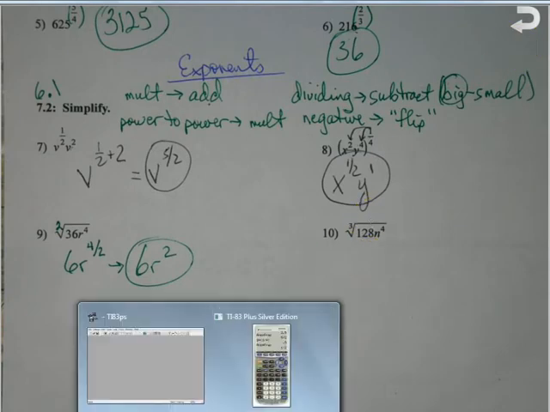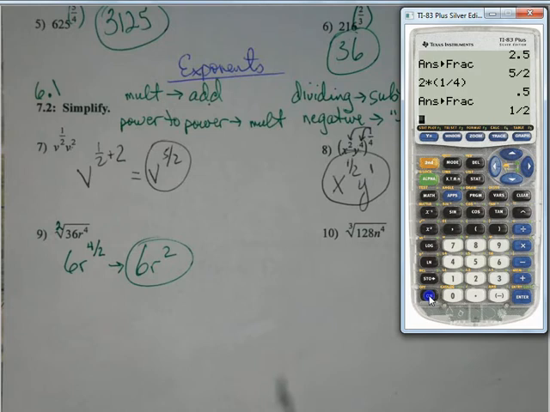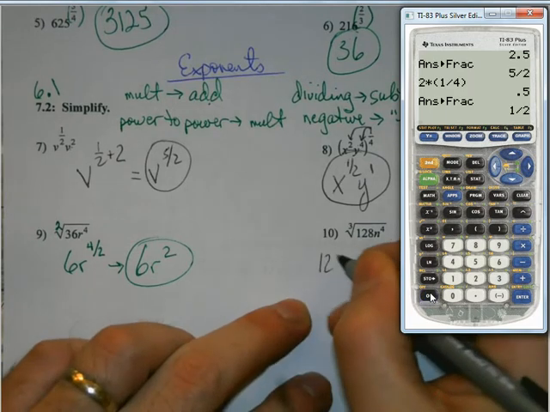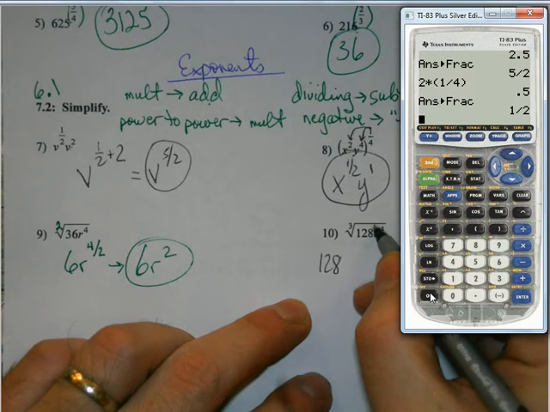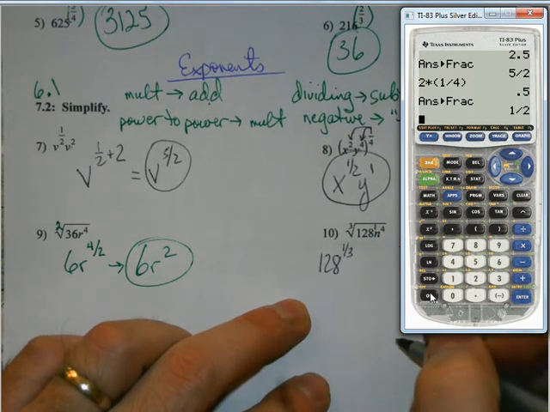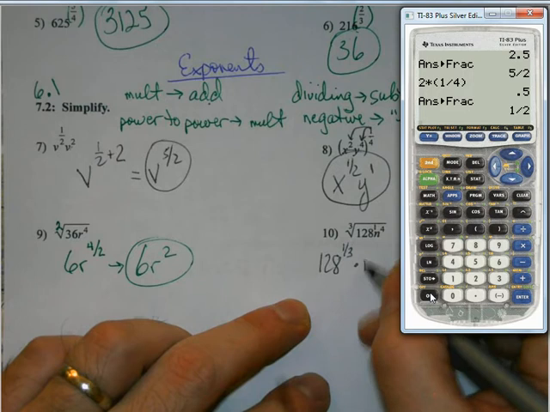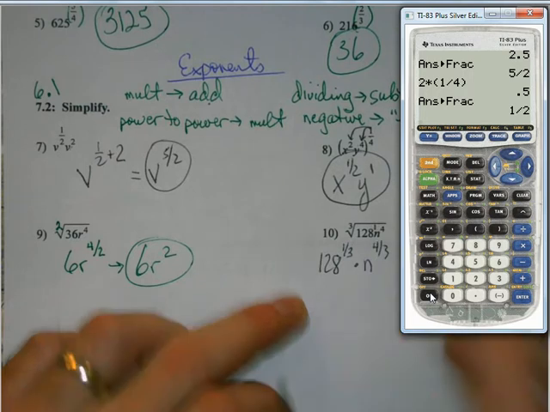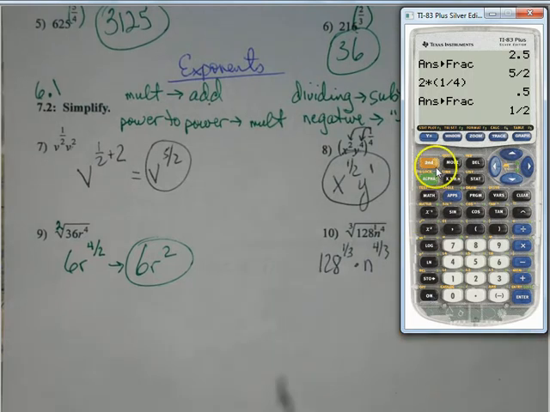Now, remember, we talked a bit before about how I could turn something like this into exponent form. So I've got 128, remember, it does have an exponent on it, and then I've got n to the 4 over 3. Now let's talk about both of these.